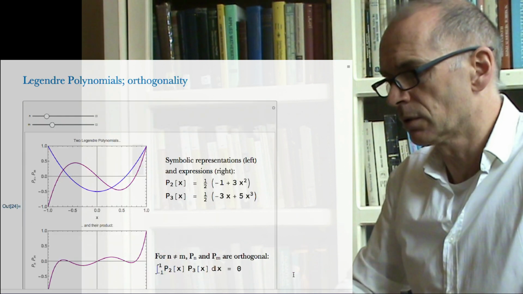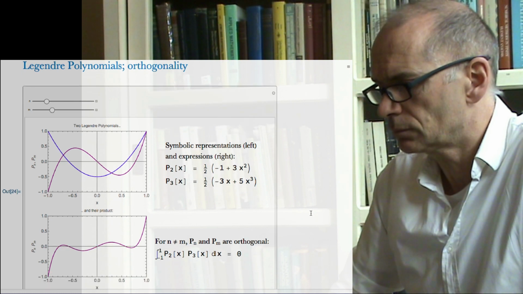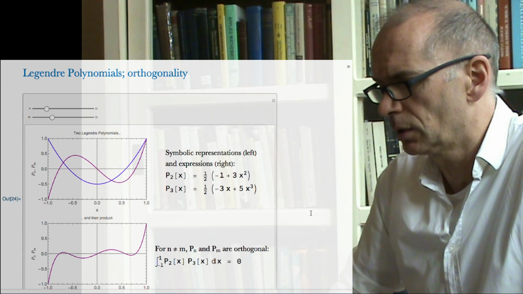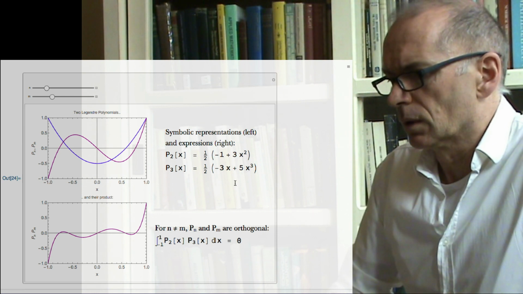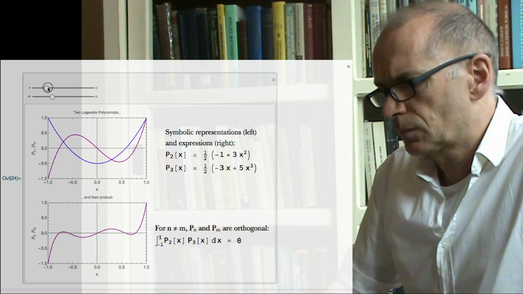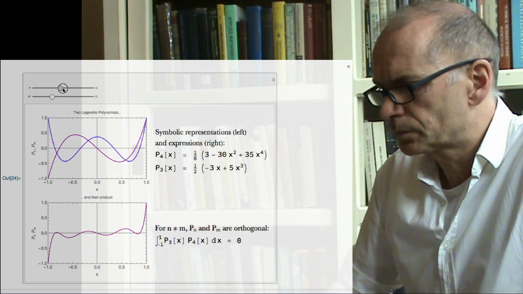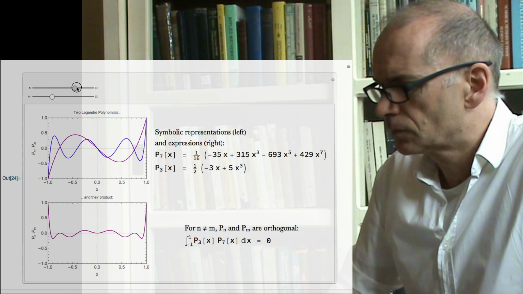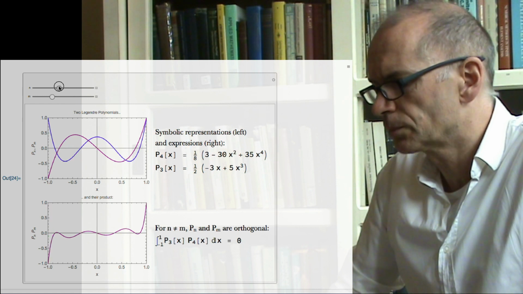Now let's have a look at that. So this slide is about Legendre polynomials, orthogonality. Actually, I have sliders here, so I can change these functions, and you see all the Legendre polynomials.